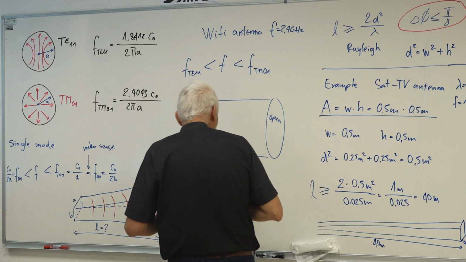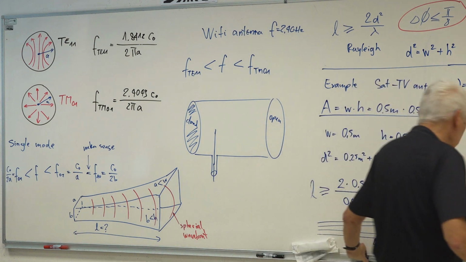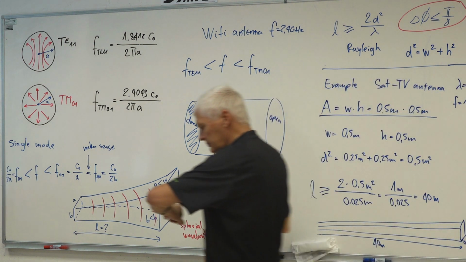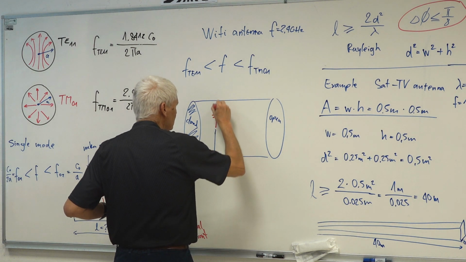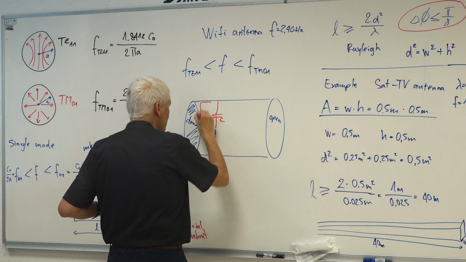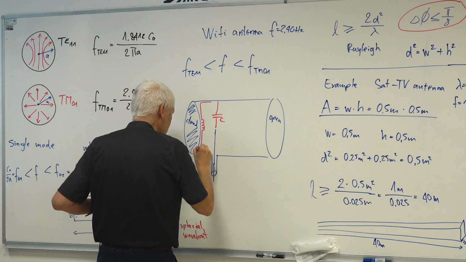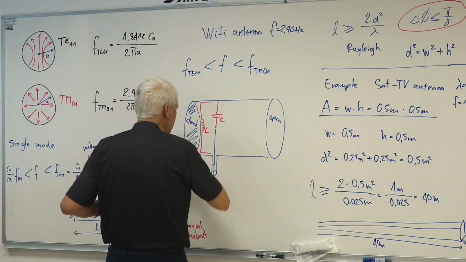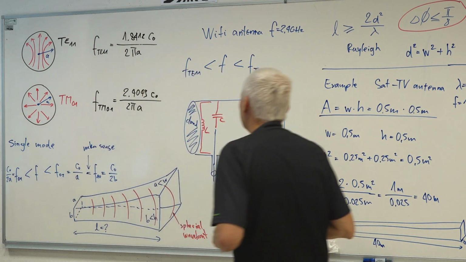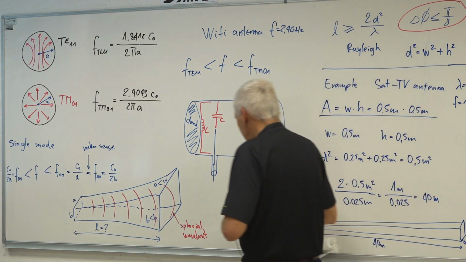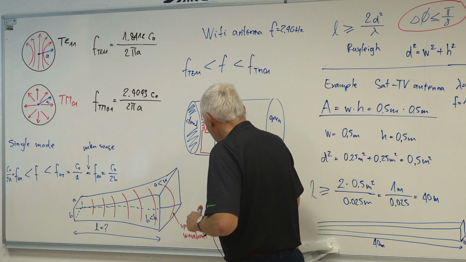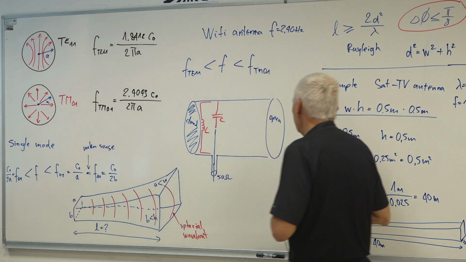This probe has capacitance to the other end up here, and it has some inductivity over here. This is the trick to get from a standard 50 ohm coaxial connector to fit the waveguide.